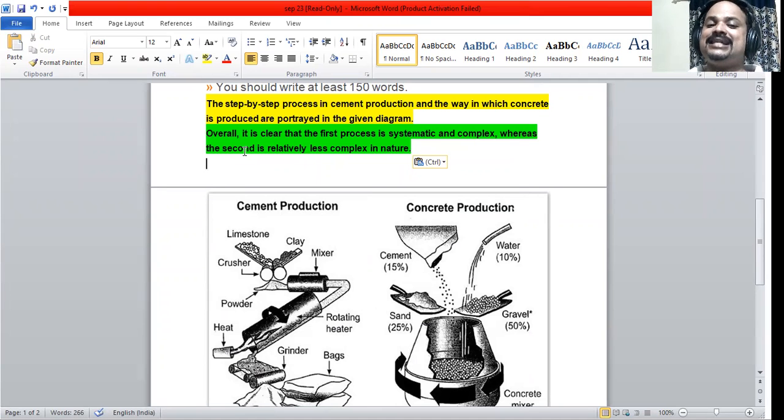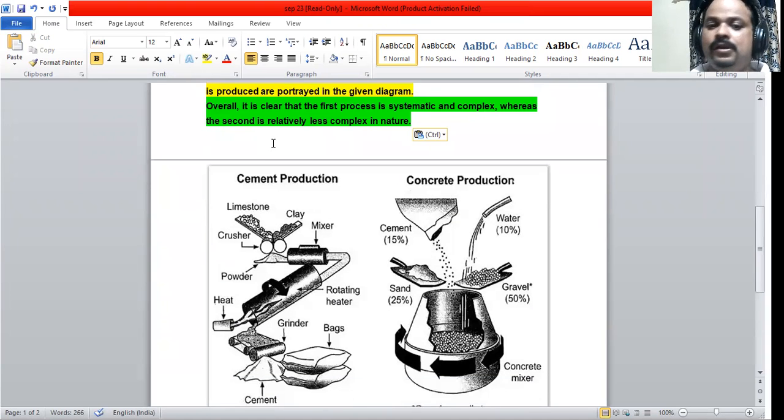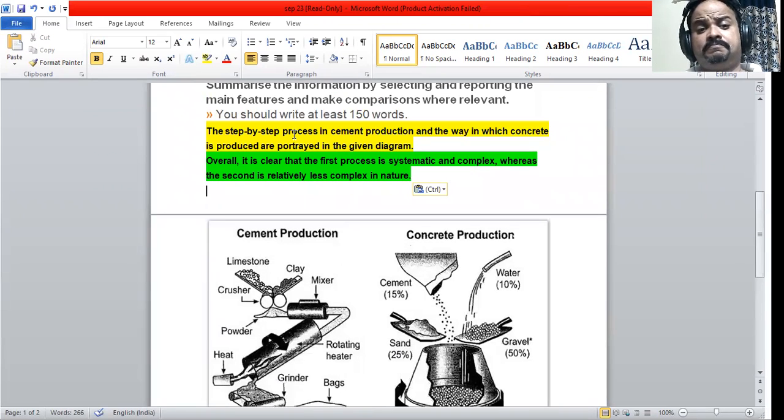Overall, it's clear that the first process is systematic and complex, whereas the second is relatively less complex in nature. So the introduction is clear, the overview picture is clear.